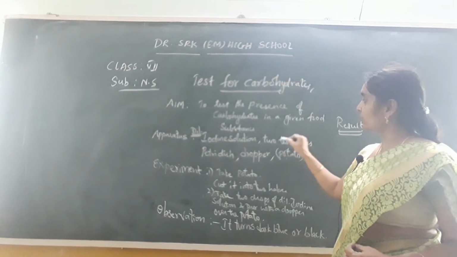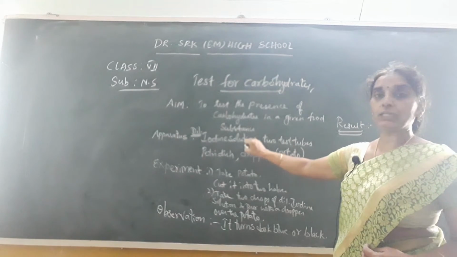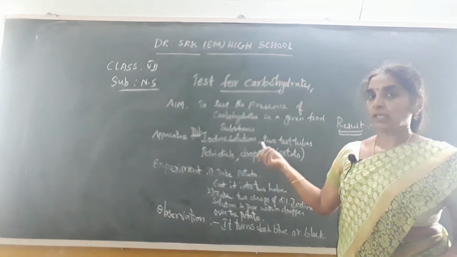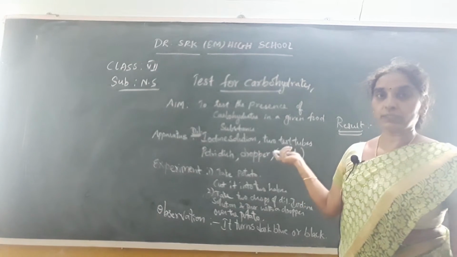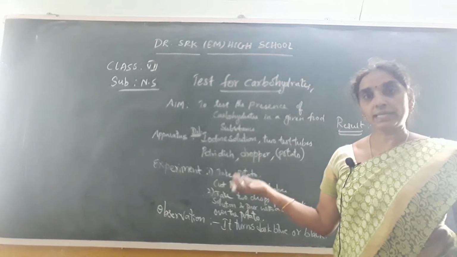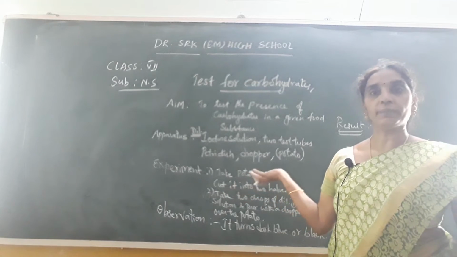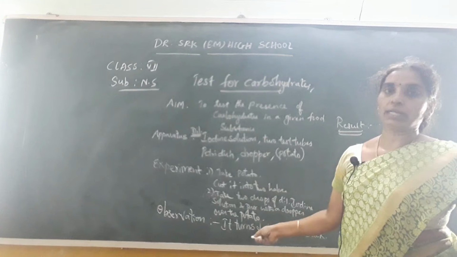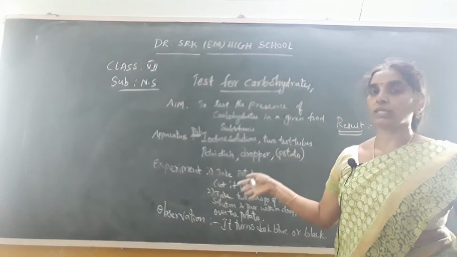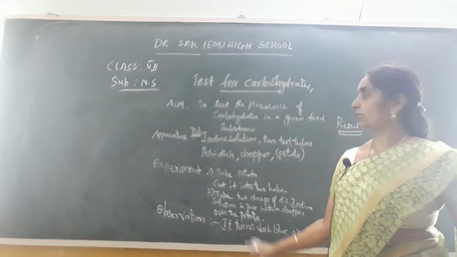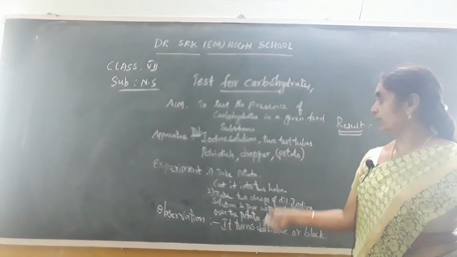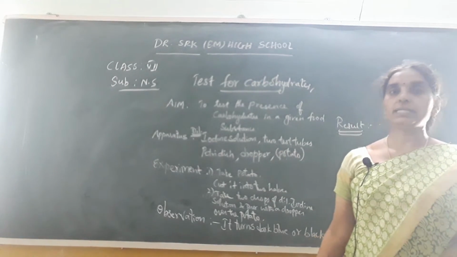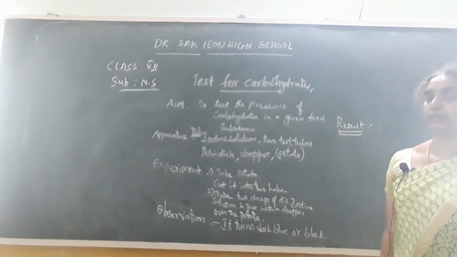In one test tube you can prepare the dilute iodine solution, and another test tube you can use for the grain, that is any other grains or sugars, which can also be tested. Or in a petri dish you can use the potato, or the grains also. In that manner you can use the test tubes and a drop or 2 drops of the dilute iodine solution. It is the test for the carbohydrates.